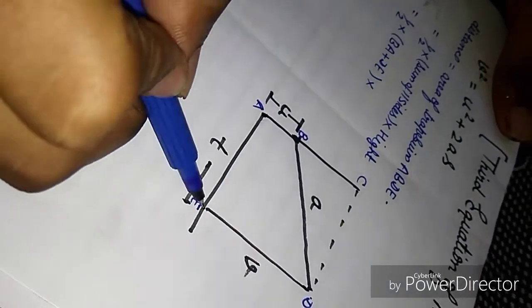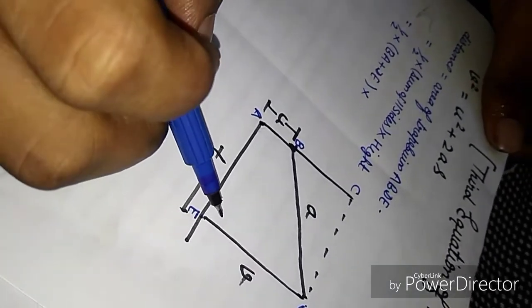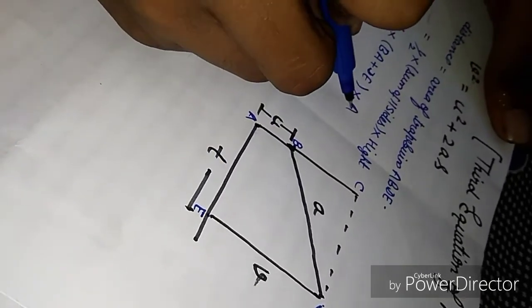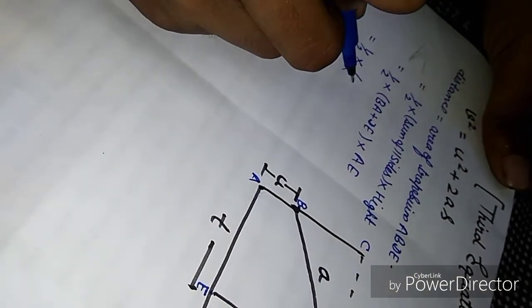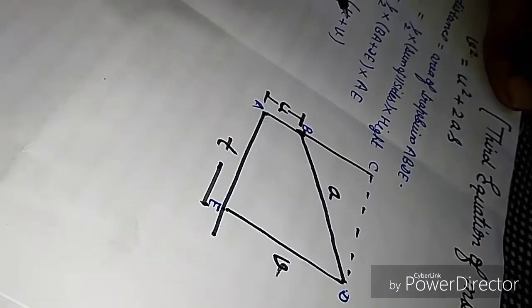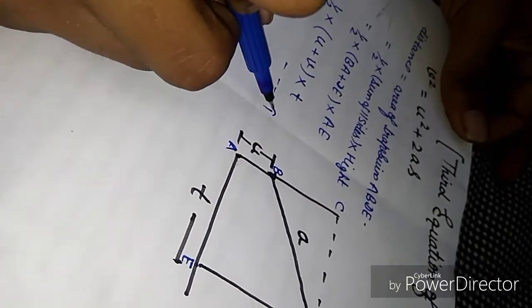Look at the point AE. AE is the height of the trapezium. Now 1 by 2 into, we know the value of BA, u, plus DE, v, which is the final velocity. AE is equal to t. This is equation number 1.